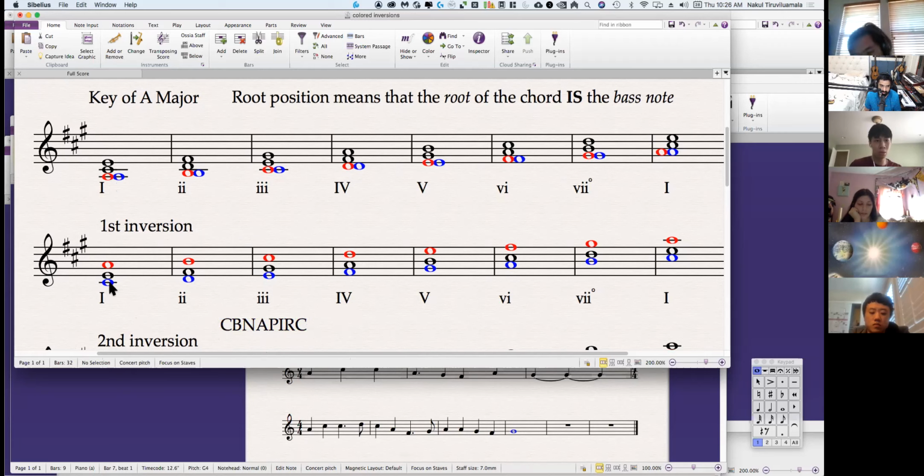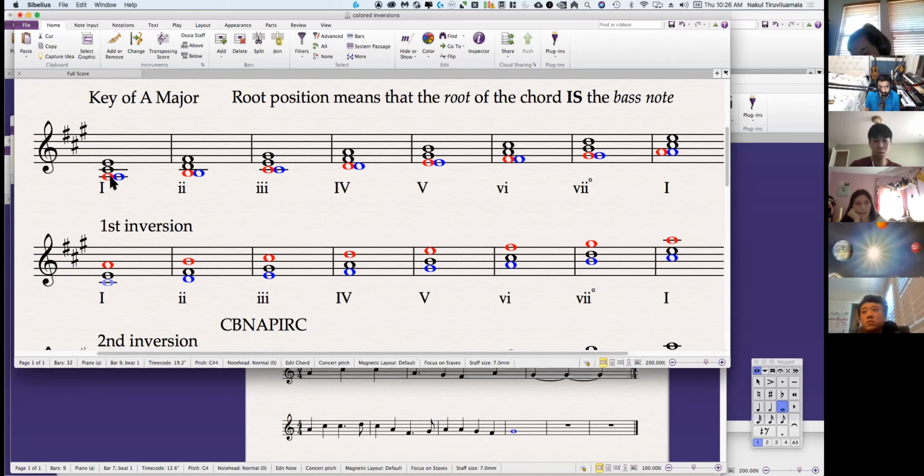So what I mean by that is, if I flip this, you'll see that this is actually the root position version of the chord. So compare the base note against its position in the root position version of that chord. What slot would it occupy if this chord were in root position?